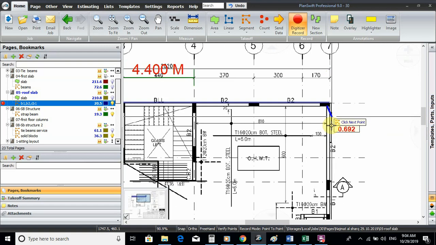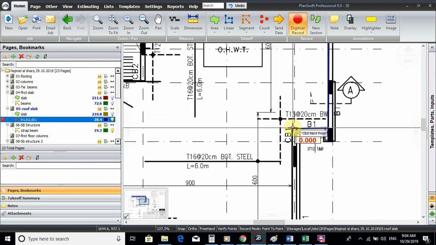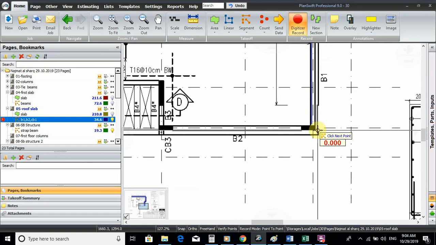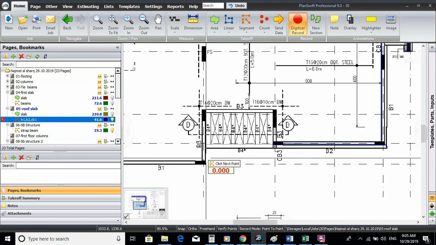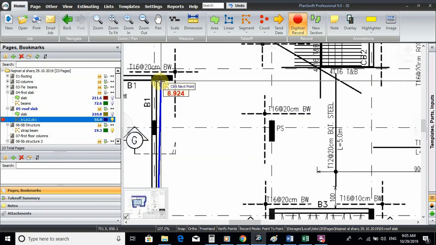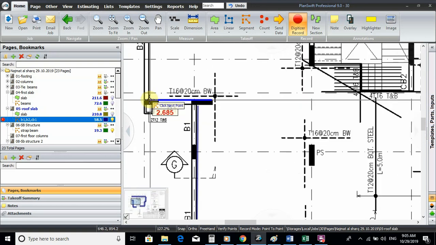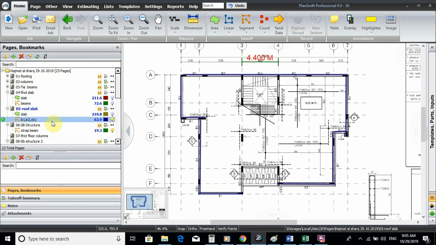B2. Take this column. B1, CB1, CB2. Forget B3, not in our scope. Okay, B1, CB, and B2. Now we finish B1, B2, CB2.